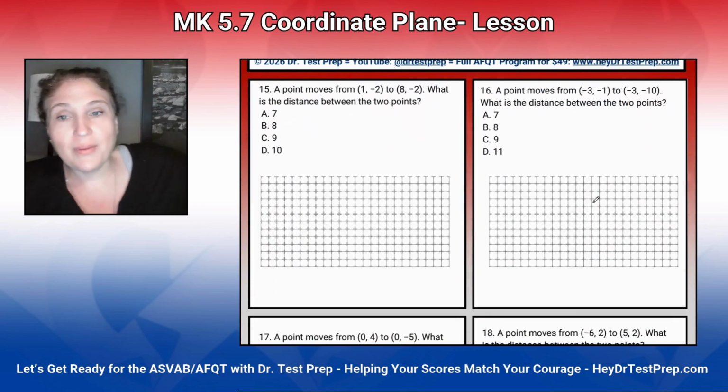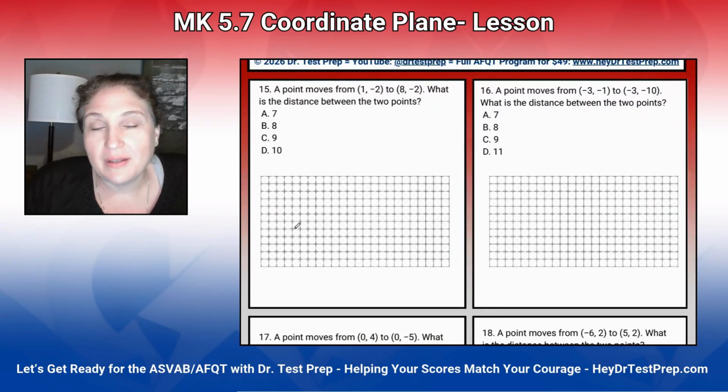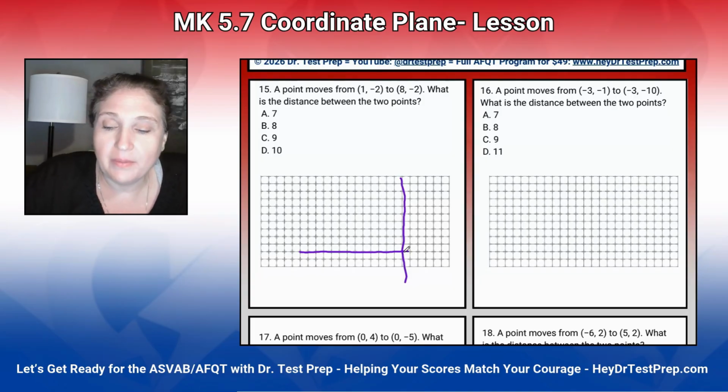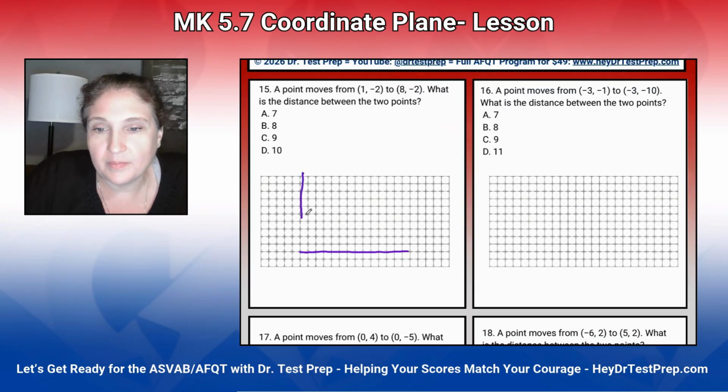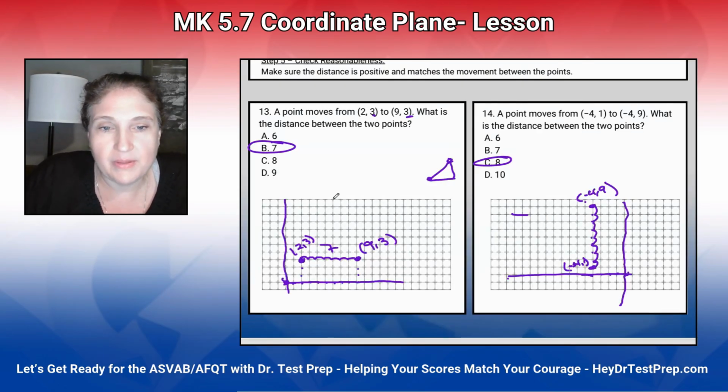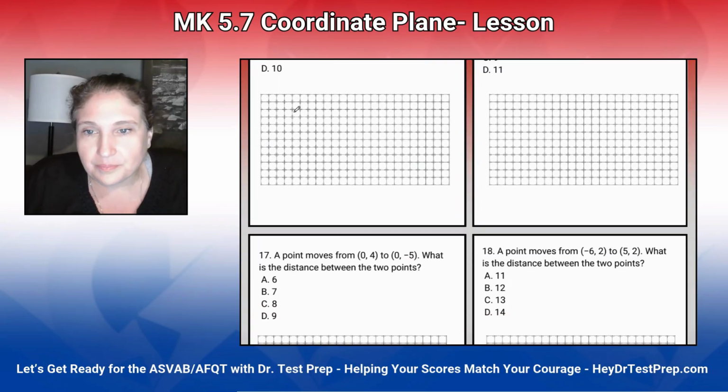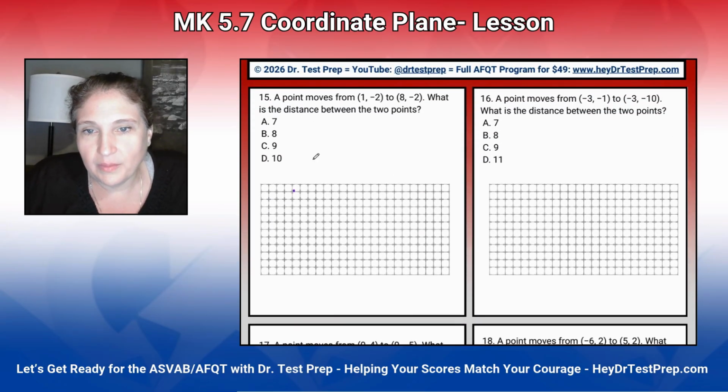Okay, we got 4 more questions left of just practicing. I can go kind of this way. So here we go. We've got +1. Oh, I went the wrong way. Let's make both of these again. There we go.